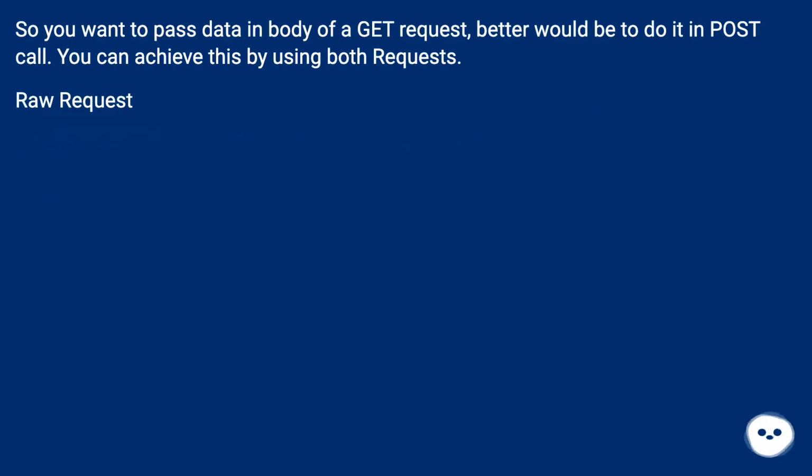So you want to pass data in the body of a GET request. Better would be to do it in a POST call. You can achieve this by using requests. Raw request.